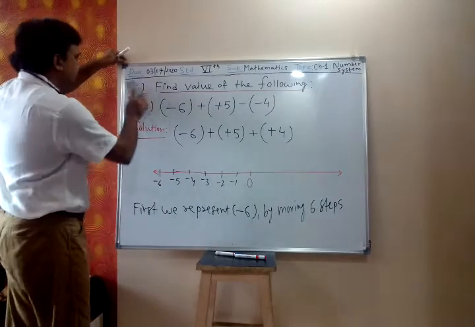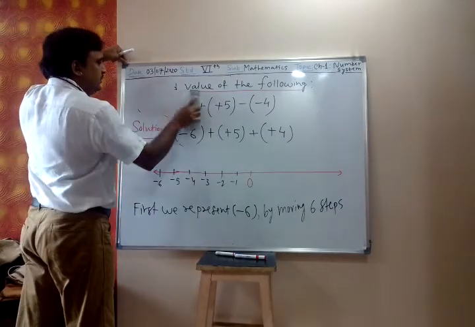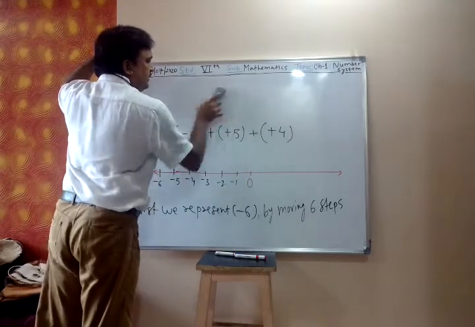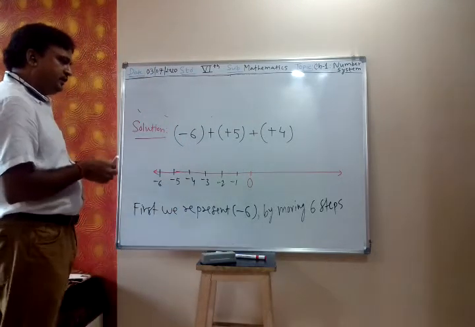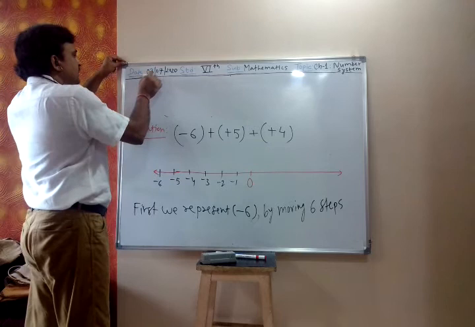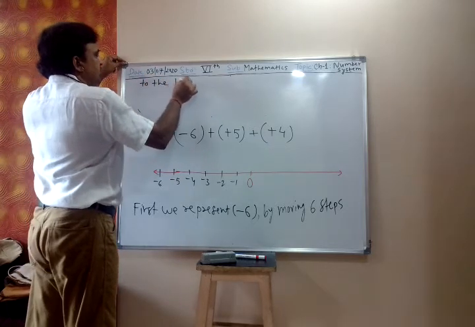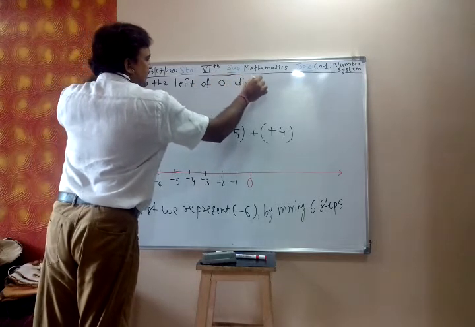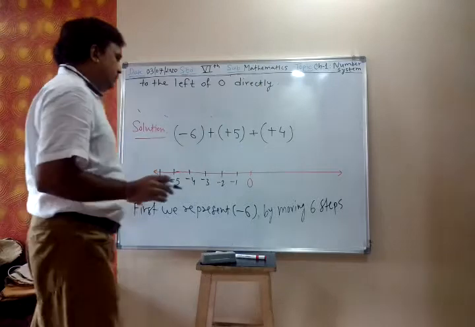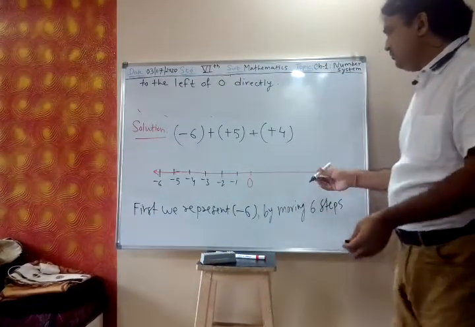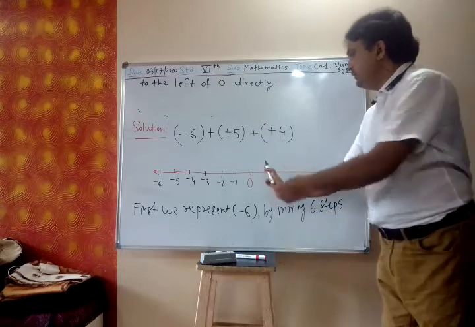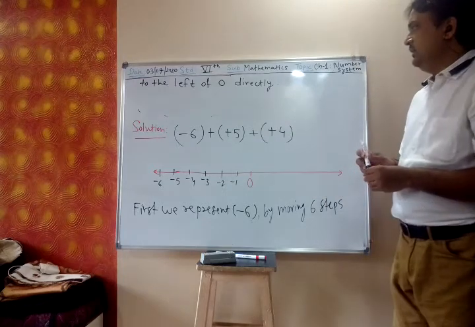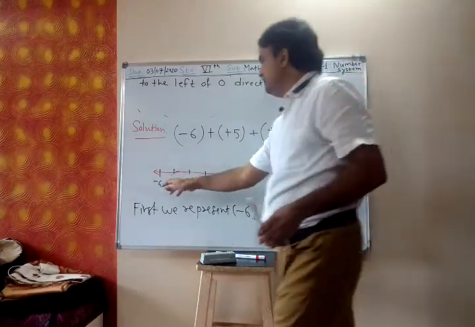By moving 6 steps, it is minus, so I will move left. First I will represent this -6.